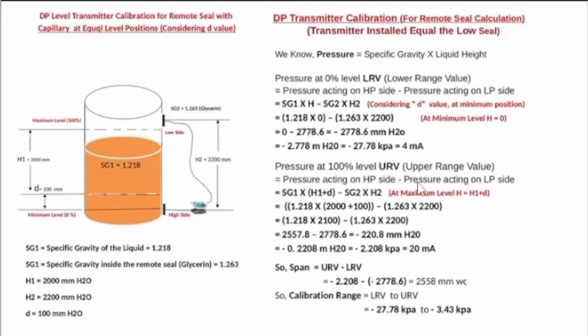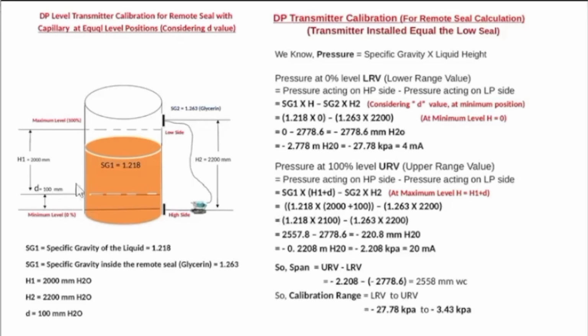Again, at 100% level, URV will be pressure acting on HP side minus pressure acting on LP side. And here is the distance. You see, at 100% level, from this level to this level, 1.218 into this distance D, 100 millimeter, will be added.